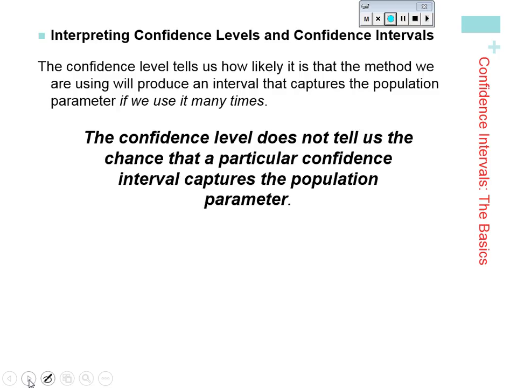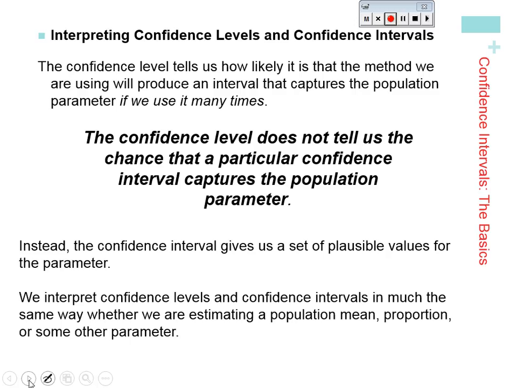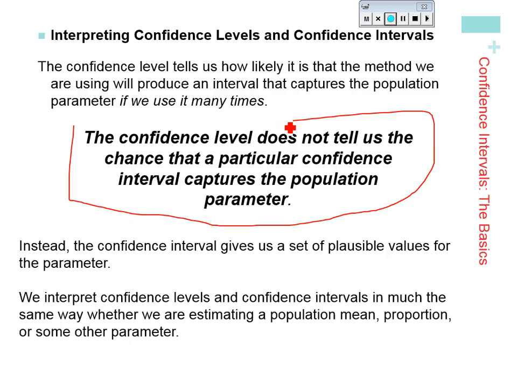So some different things about confidence levels and confidence intervals, one of which is this right here. The confidence level does not tell us the chance that a particular confidence interval captures the population parameter. Keep in mind, this is a very common mistake: sometimes people mistakenly associate the confidence level with some type of probability that something would occur.